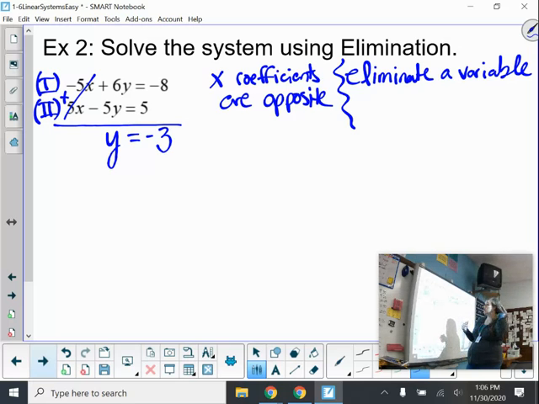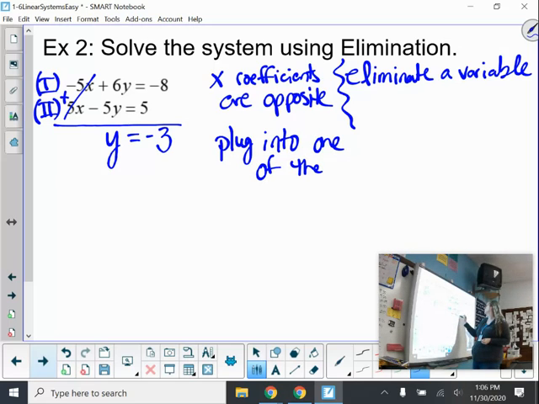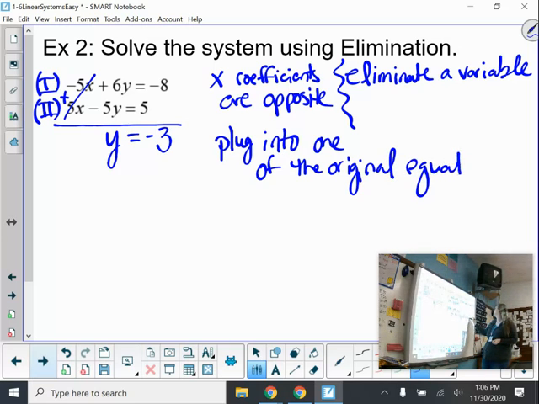Once you have the y, you do need to have the x in order to finish out our ordered pair. So then we take our solution and plug into one of the original equations. It doesn't matter if you use equation 1 or equation 2. I'm actually going to plug into equation number 2.